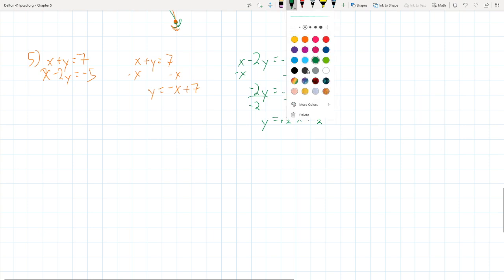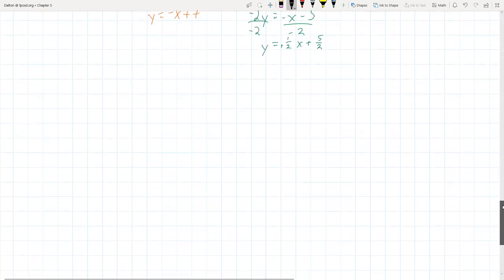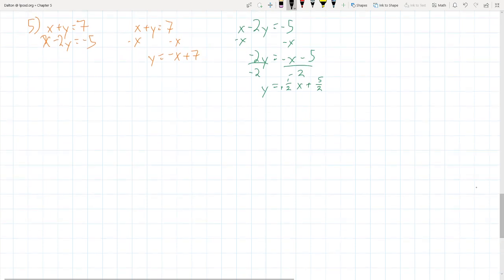Alright, going to graph this. I need to go all the way up to 7 and all the way up to 2.5. So I'm going to go down to probably like negative 1. There you go. 8, 7, 6, 5, 4, 3, 2, 1, 0, negative 1.